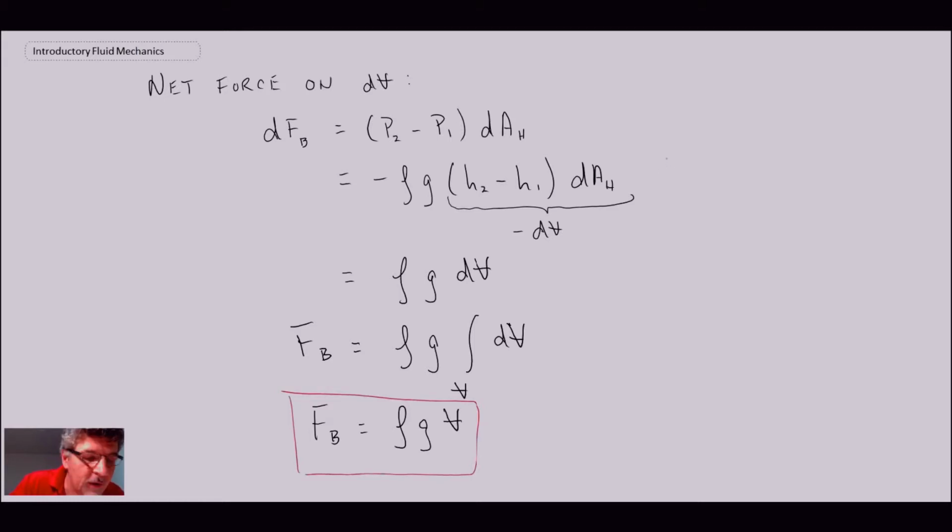And I'll put a little comment here: H2 minus H1 is negative, because H2 is more negative than H1. So if you're wondering how I did that sign change, that was how it was done, using the hydrostatic equation.